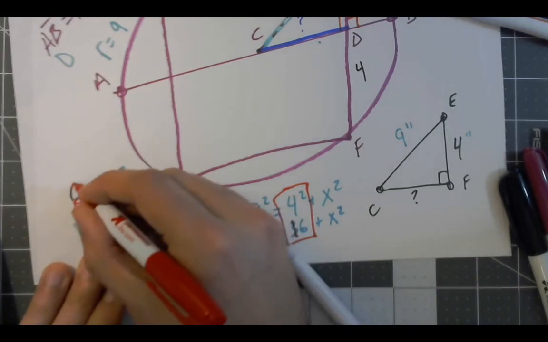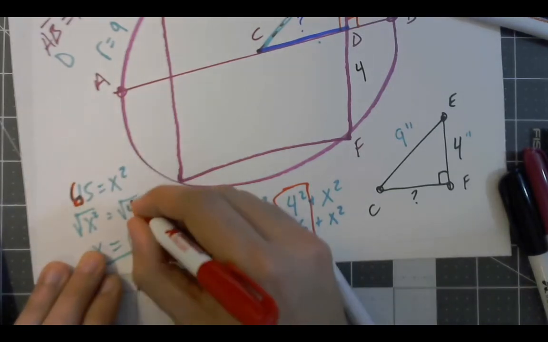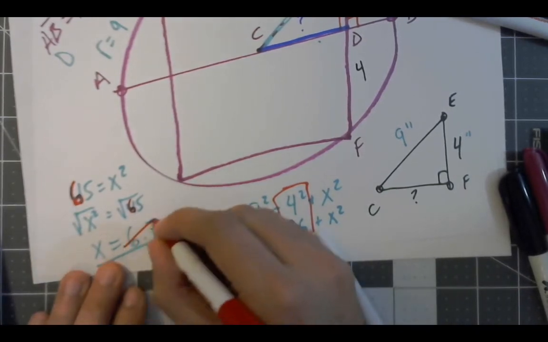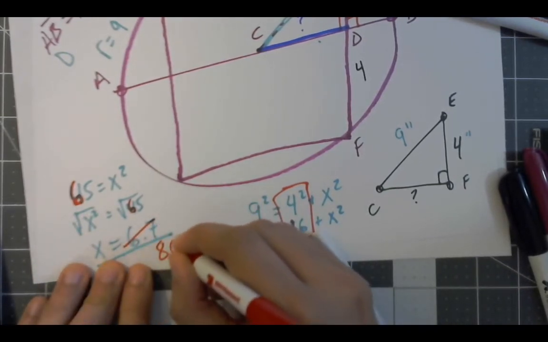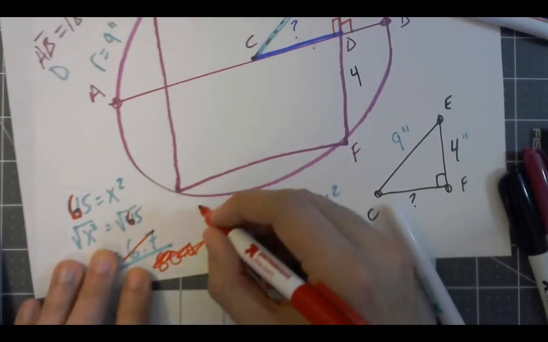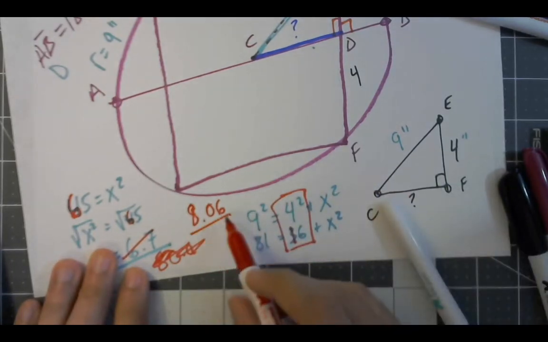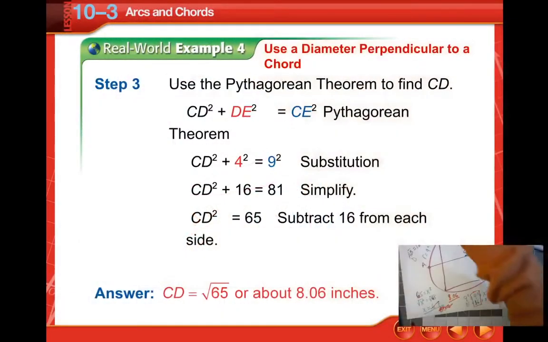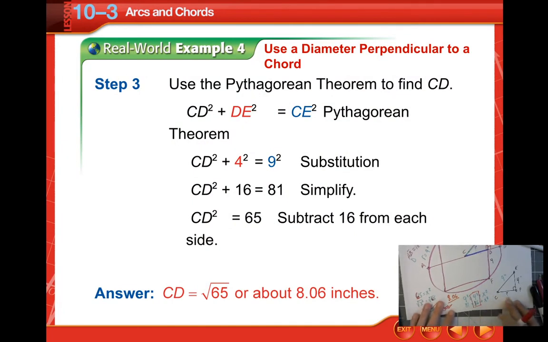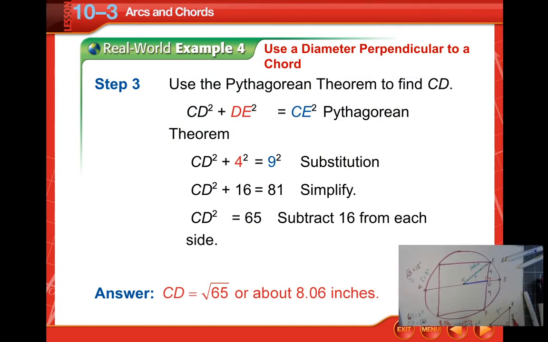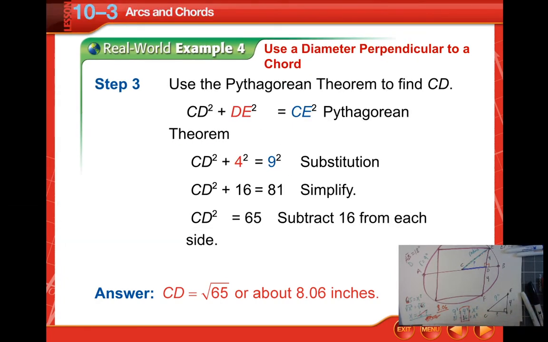That becomes 65. The square root of 65, and we end up with 8.06. Let's see, does that match? Perfect. So yes, once again, your teacher is human too. So don't forget, we tripped at the finish line, but everything else made sense, hopefully.